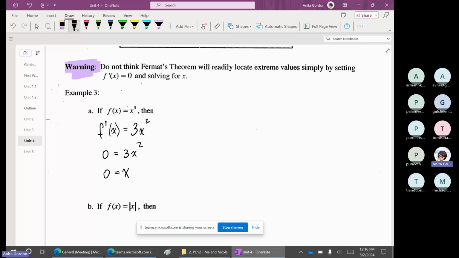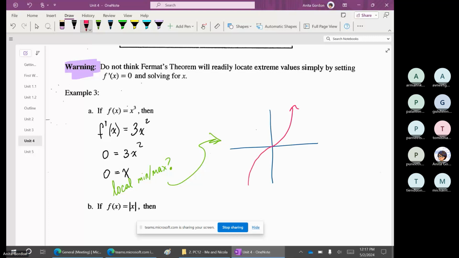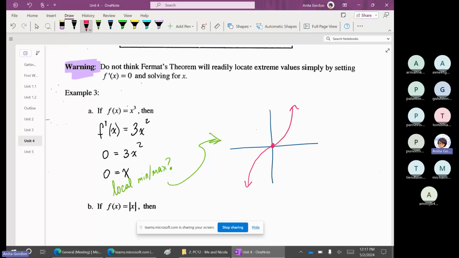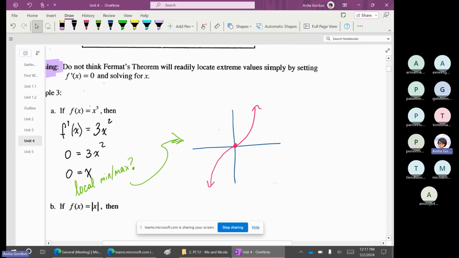If the derivative is 0, is this then a local min or max? We know what x cubed looks like. X equals 0 gives me a special case where I have an x-intercept, but it is not a max or min.